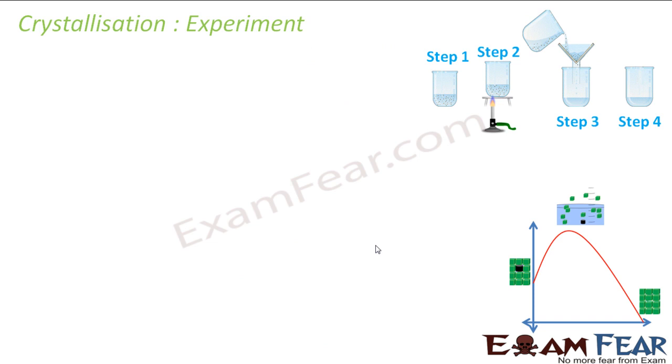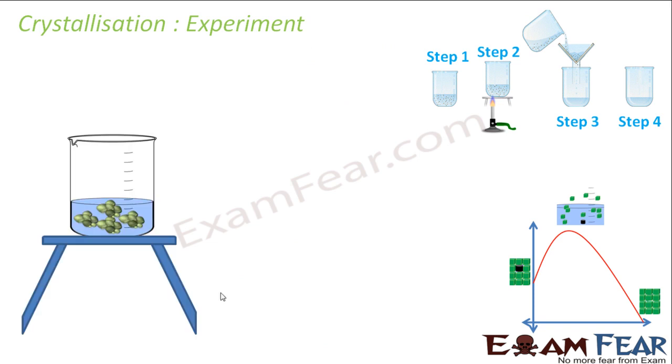Let's see the experiment. As I told, what do we do in the experiment? We take a suitable solvent, and then we take an organic compound. In this case, let this be sugar. So we take solvent plus sugar, and that is impure, correct?